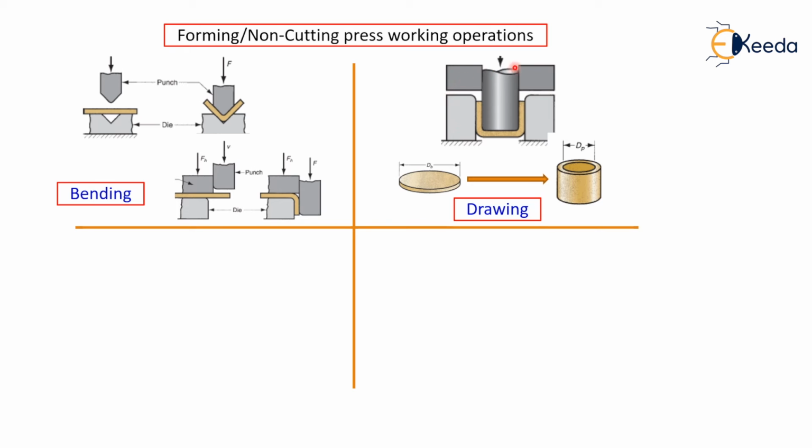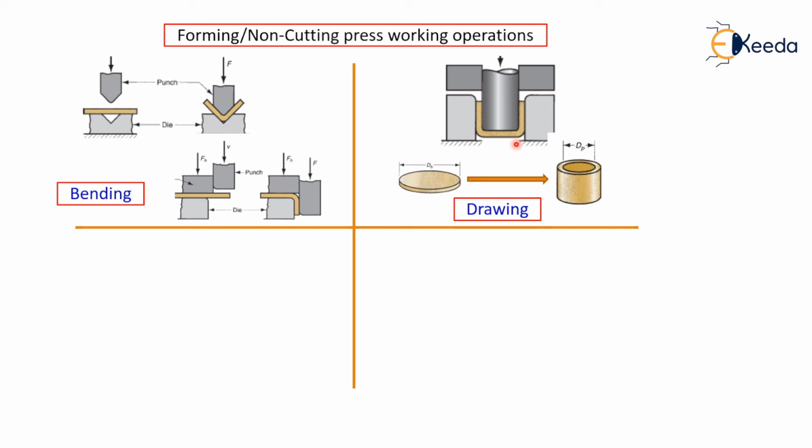Here in the drawing operation, we require again a punch of the required form, then a die cavity of the required shape, and the blank holder. Here, the force is applied to the punch on the blank to get the desired form.